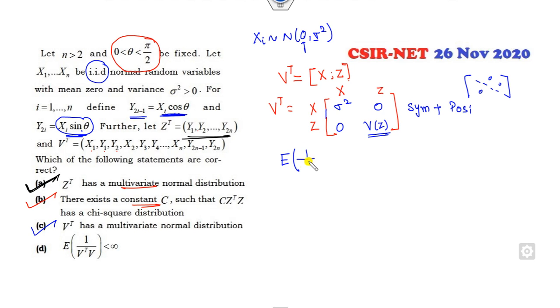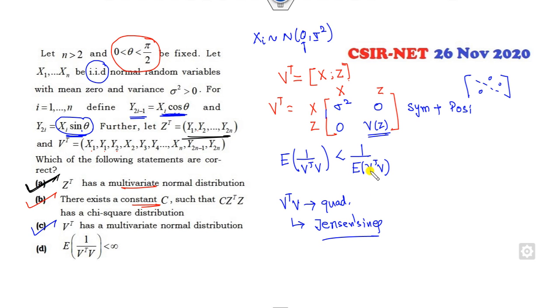Now V transpose V is my quadratic form, fine, so then we can find the expected value, so we can apply the Jensen inequality, fine. It clearly says a convex function, so it is less than the expected value of this.